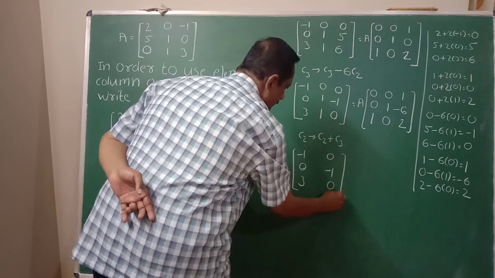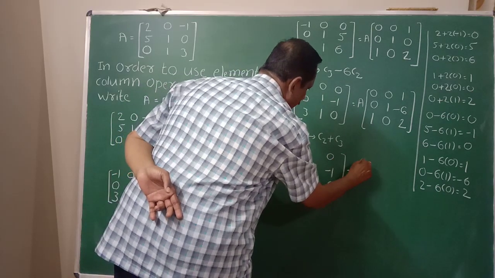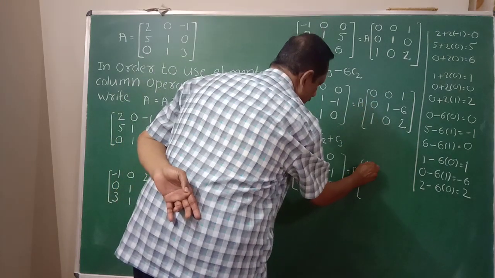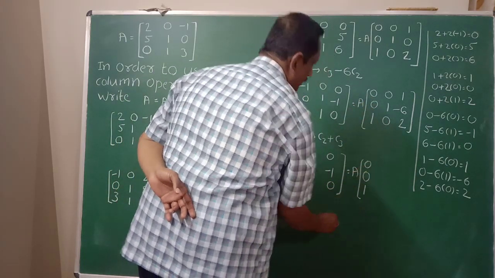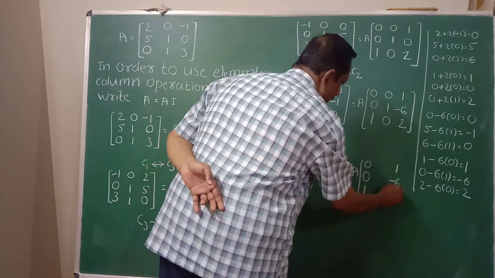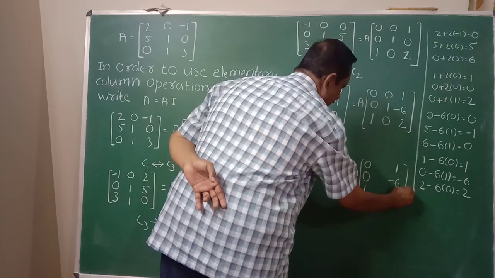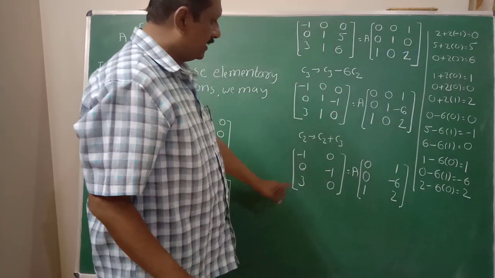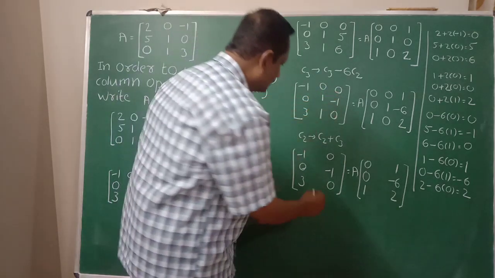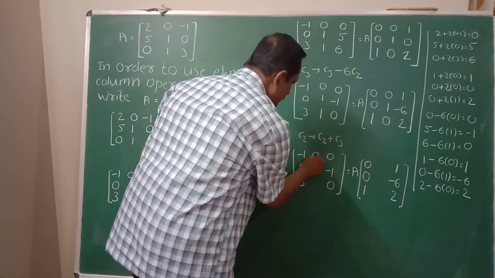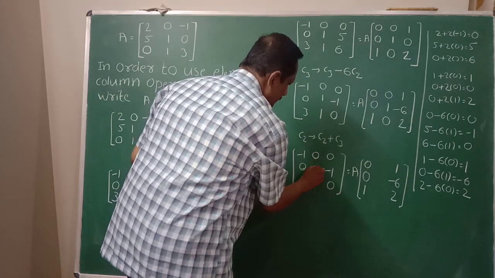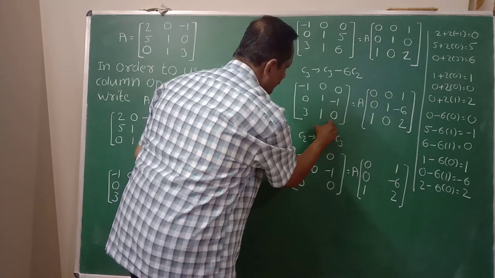The first and third columns stay as they are: I equals A into 0, 0, 1; 0, 0, 1; 1, minus 6, 2. Then adding the second and third columns: 0 plus 0 becomes 0, 1 minus 1 becomes 0, 1 plus 0 is 1.